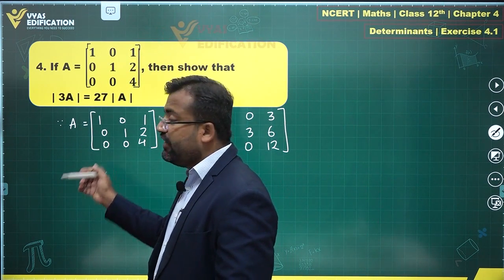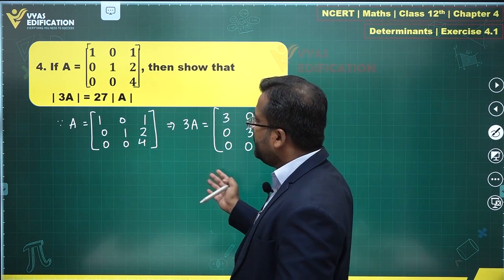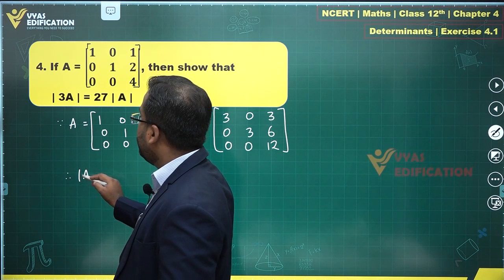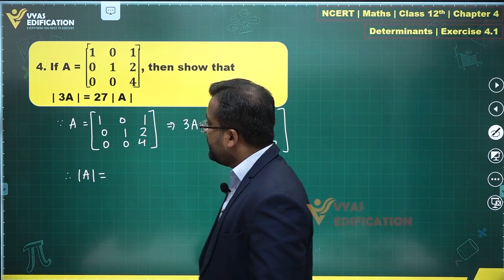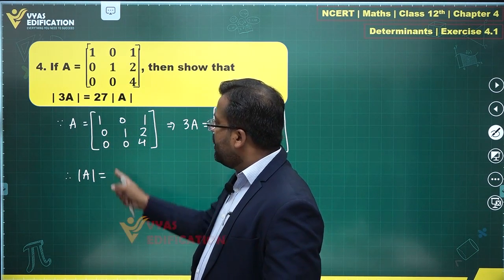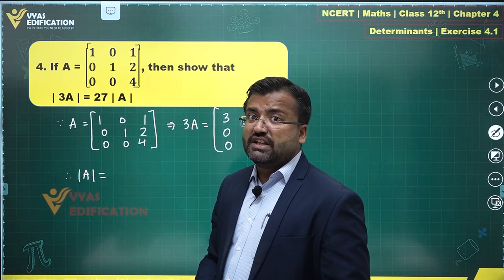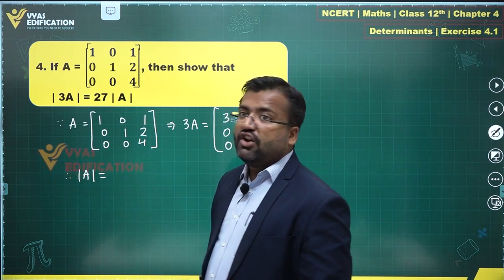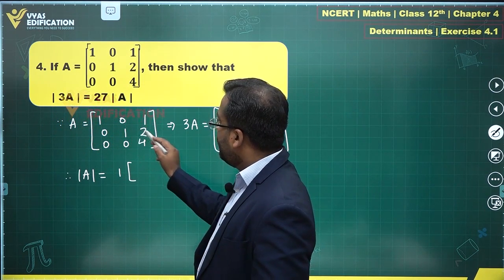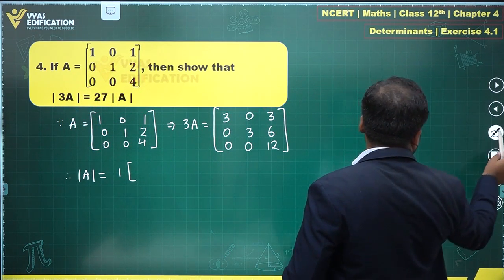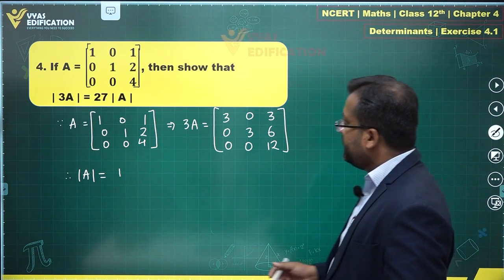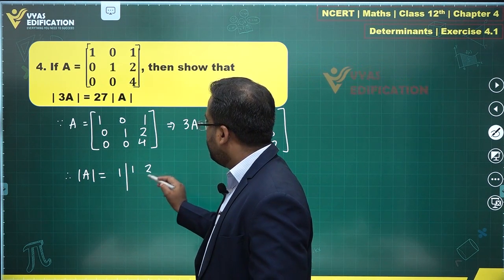Let's further find the value of determinant of A and determinant of 3A. On the basis of that, it will be very easy to simplify. Therefore, determinant of A equals what? Finding determinant of A is very simple. If you expand along this column, there are 2 zeros in this, or you expand along this row, there are 2 zeros in this as well. Let's expand along the first column. So what you have is 1 times the 2 by 2 determinant 1, 2, 0, 4.